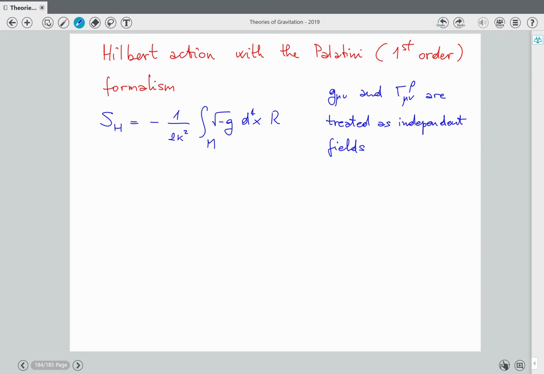Normally, in the previous case with the Palatini action in the vierbein formalism, we assumed metric compatibility and derived the torsionless condition. Here we assume that gamma is torsionless and we derive the metric compatibility.